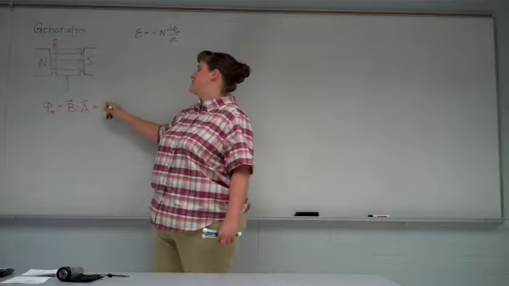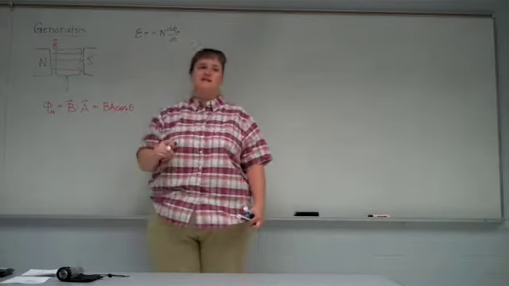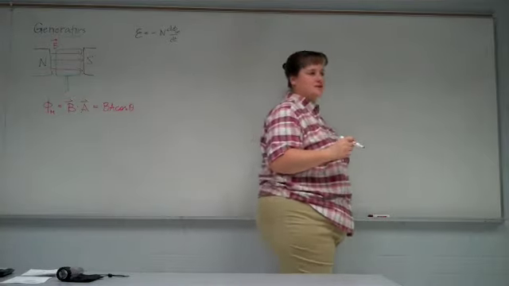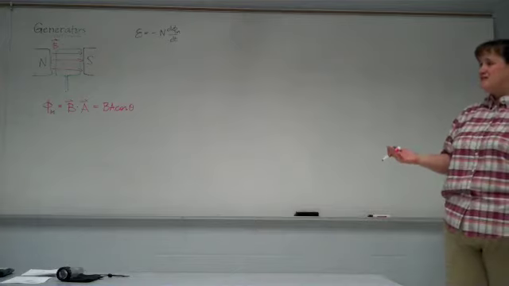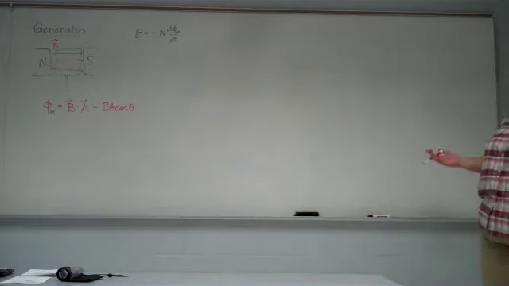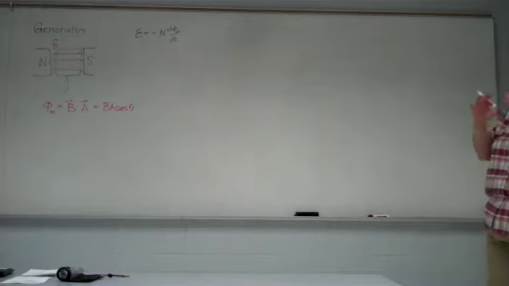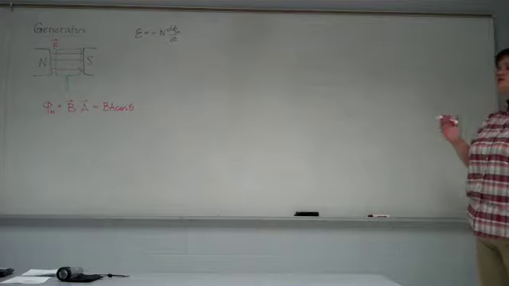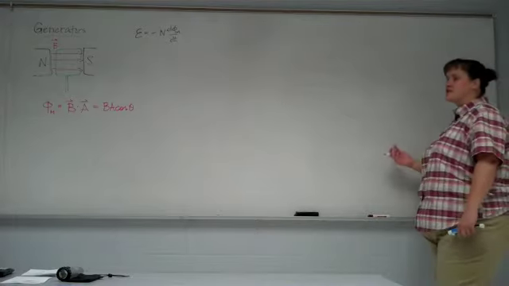If you happen to remember, we can write the dot product as the magnitude of the two vectors times the cosine of the angle between them. By changing that angle, we're changing the flux. So we're not changing the strength of the magnetic field, and we're not changing the size of the area, but we're changing the angle between them. And so that changes the flux.